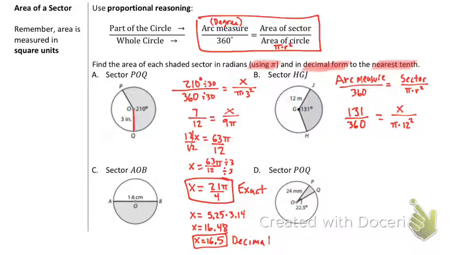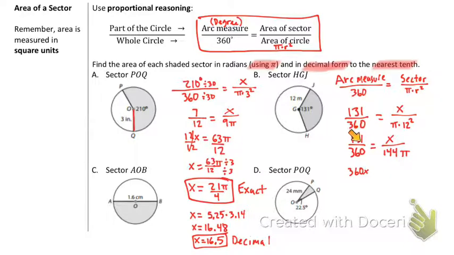And let's do the math. So here, I want to see if I can reduce. Off the top of my head, I don't see anything that would reduce, so I'm going to just leave it as 131 over 360. And then let's clean up 12 to the second. So 12 to the second, we get 144 pi. Okay, and now we can cross multiply to solve. 360 times x, 360x.